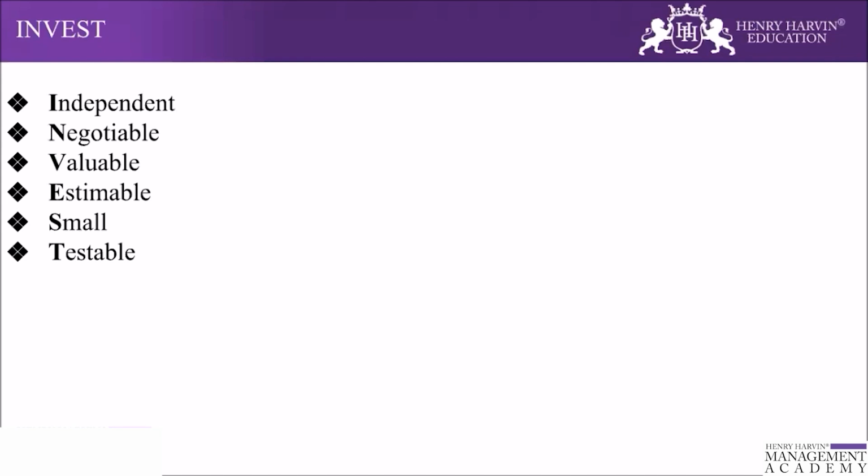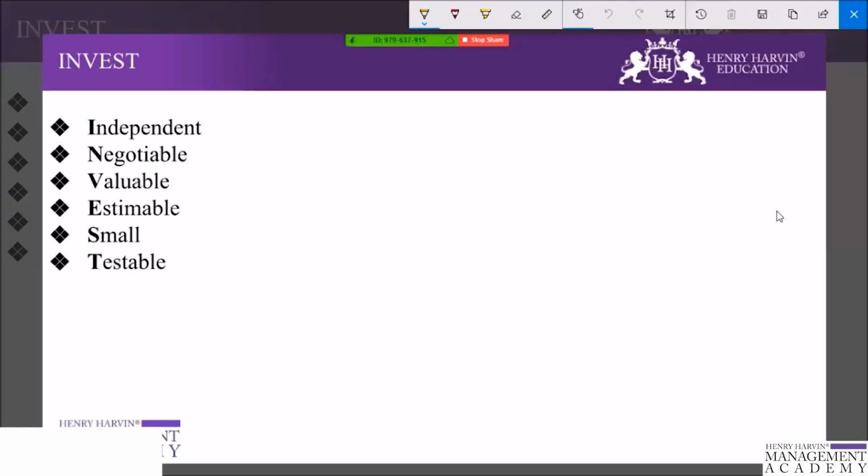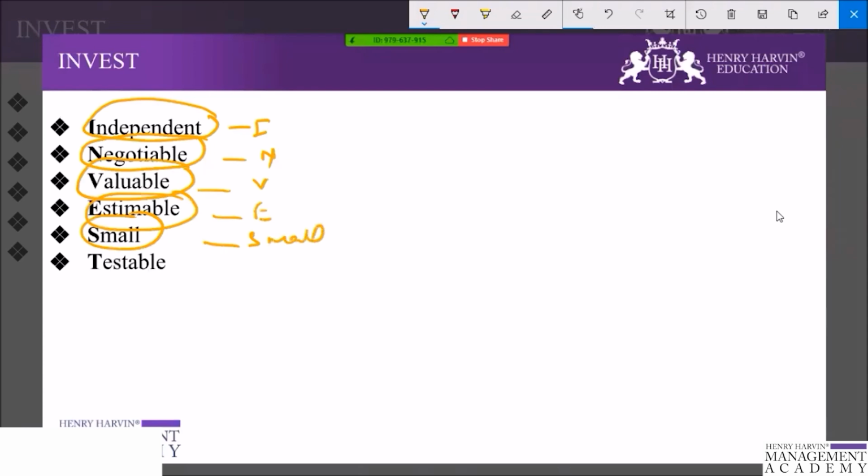I is independent, N is negotiable, V is valuable, E is estimable, S is small, and T is testable. So let's try to understand what each of them means.